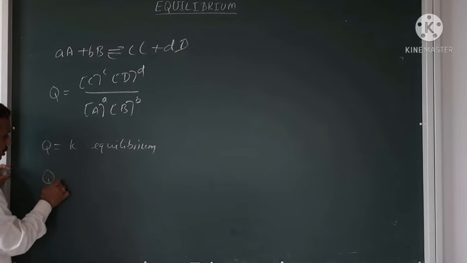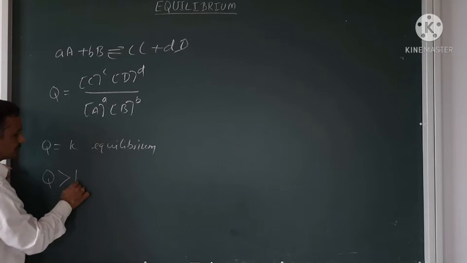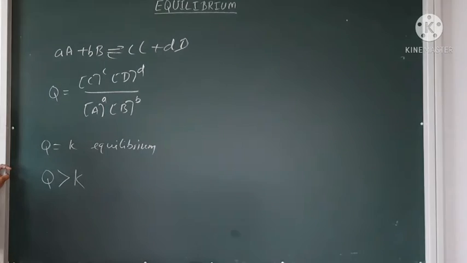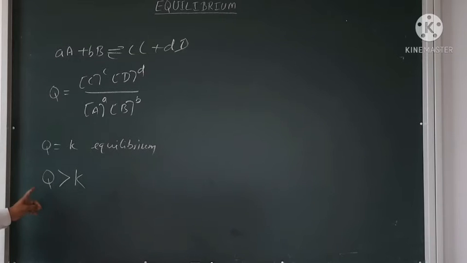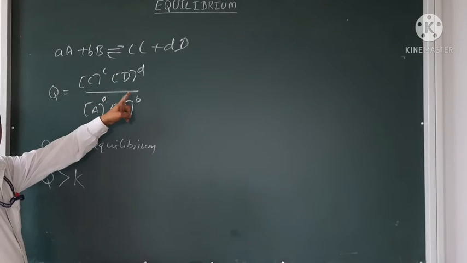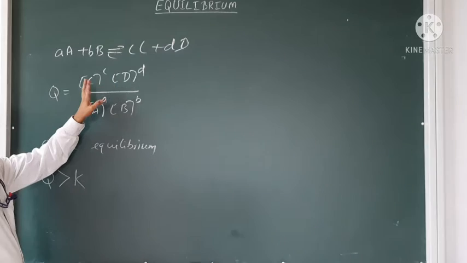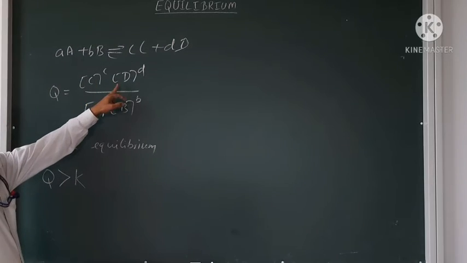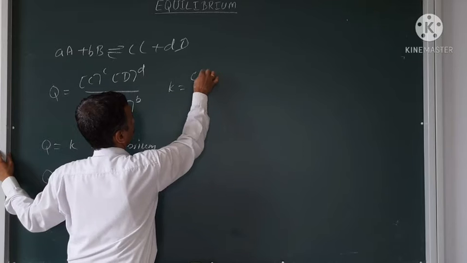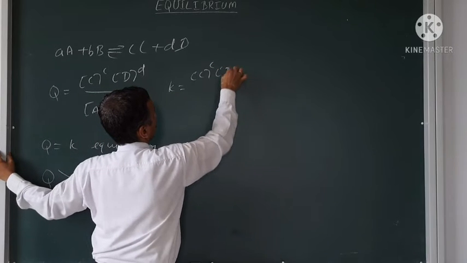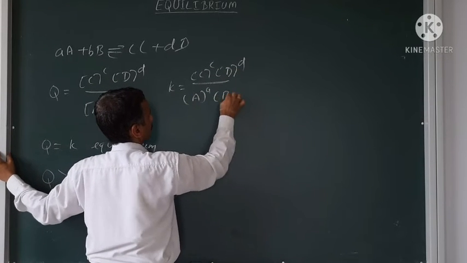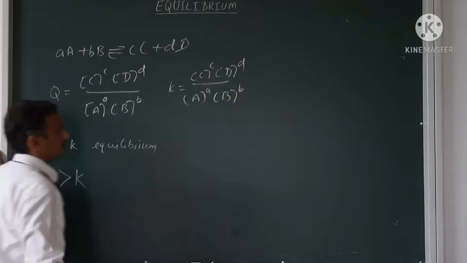Now Q is greater than K, you see. Then what happens? Q is greater than K means I should have the C and D concentration more, because the equilibrium constant K is also equal to [C] to the power c into [D] to the power d divided by [A] to the power a into [B] to the power b.